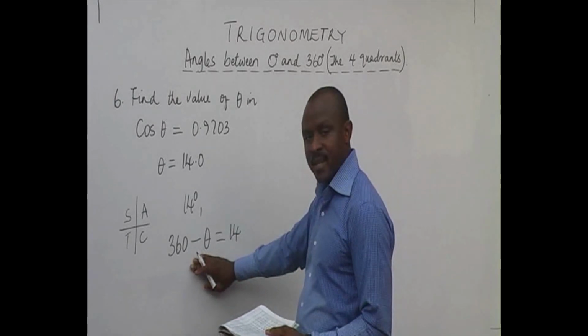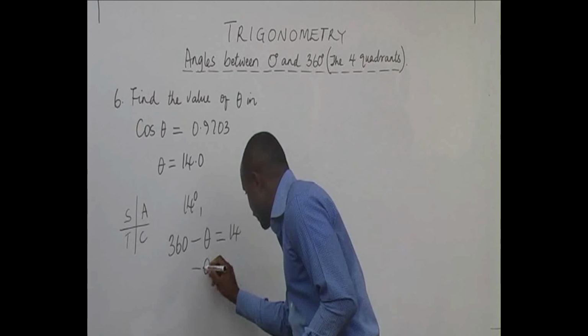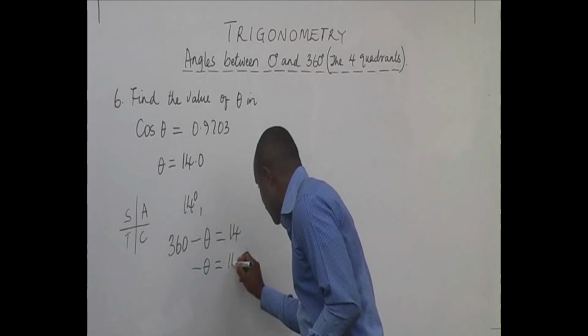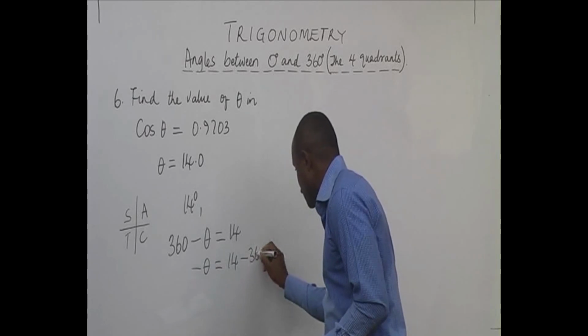Do this arithmetic. Minus theta is equal to 14 minus 360.